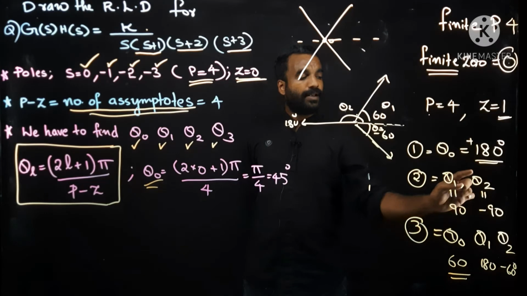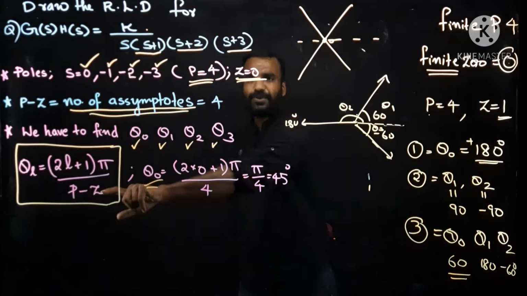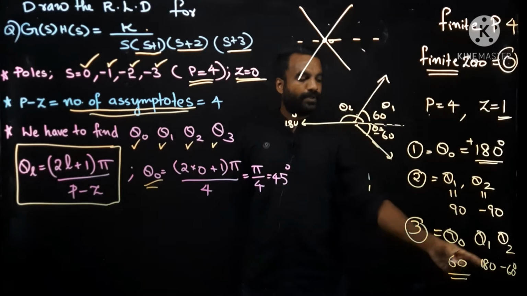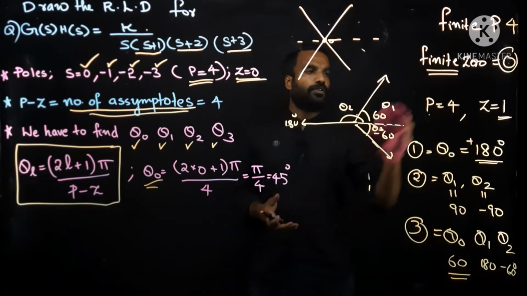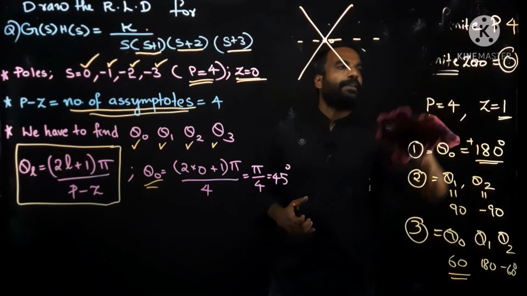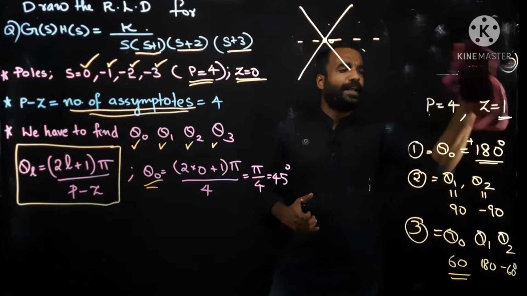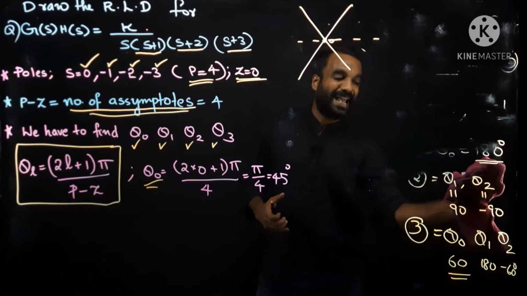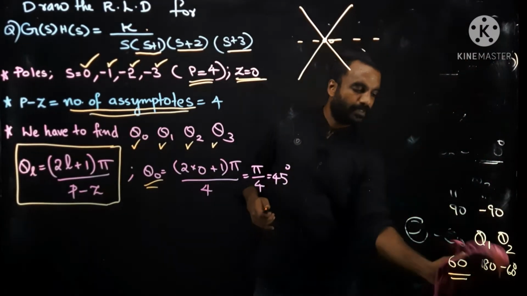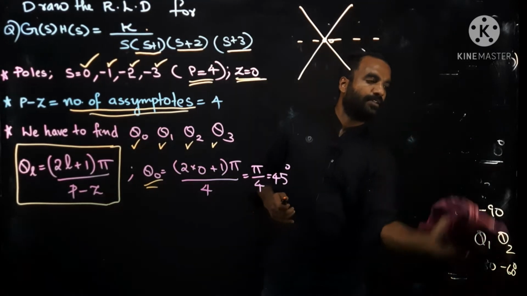If 2, theta 1 and theta 2. You have to use this equation, but you will get this only. If 3, you will get like this. If it is 4, it will be like dividing the entire plane with a cross mark, an X mark. Like this. So tell me, what are the angles?